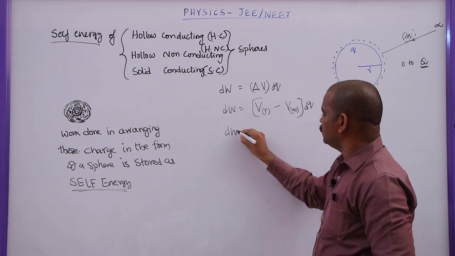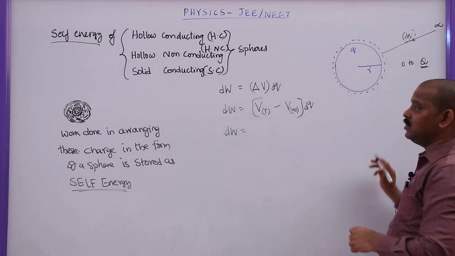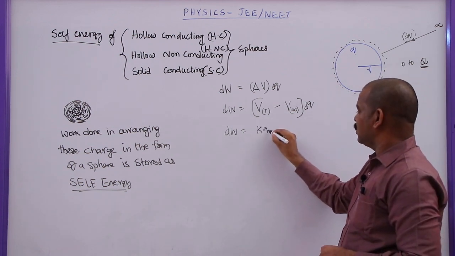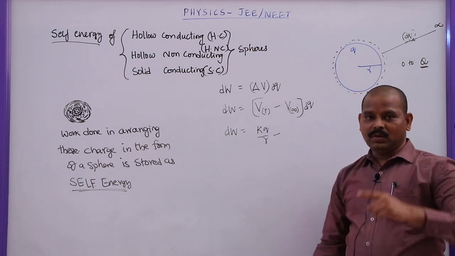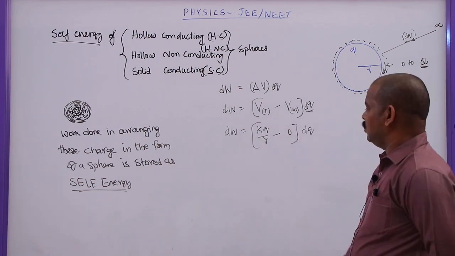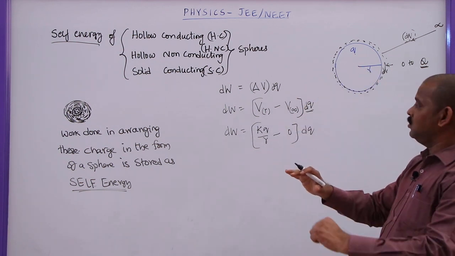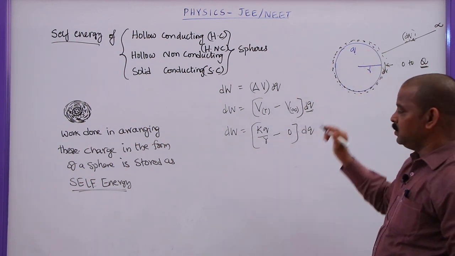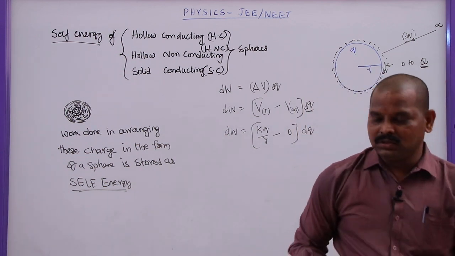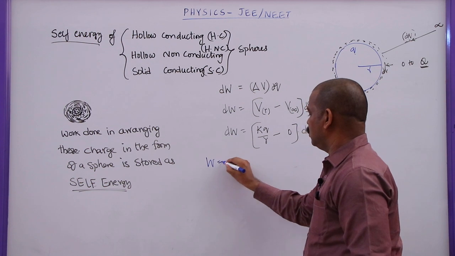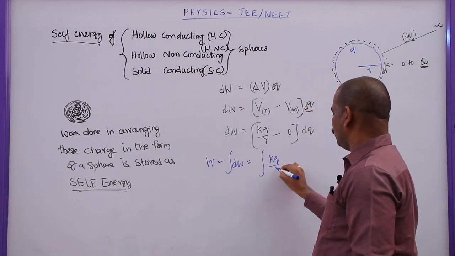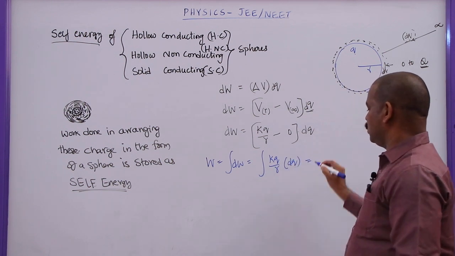So dW is given by the potential on the surface of the sphere with this charge and this radius. We have the formula kq by r. What is the potential at infinity? 0, into dq. Now what is the total work done to arrange all these charges onto this sphere? W is equal to the integral of dW. This is the integral of kq by r into dq.